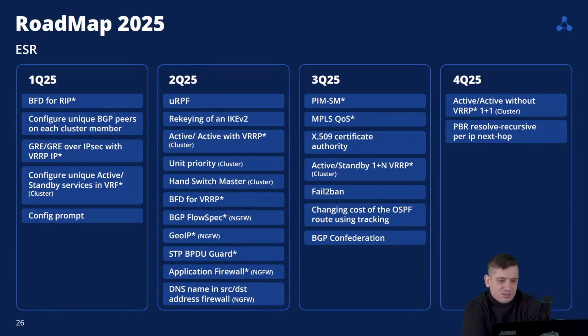We started, I should mention, a serious development. It's a next-gen firewall. So such functionality like BGP, flow stats, GeoIP, and DNS name in SRC DST address firewall are next-gen firewall options, which will have implementation this year.